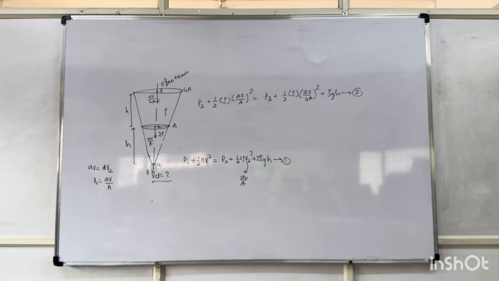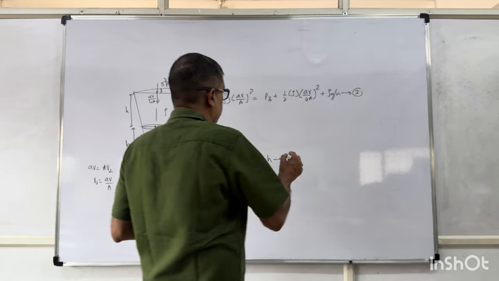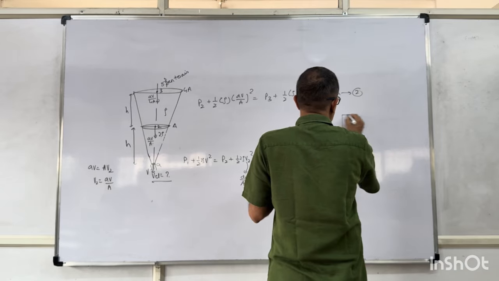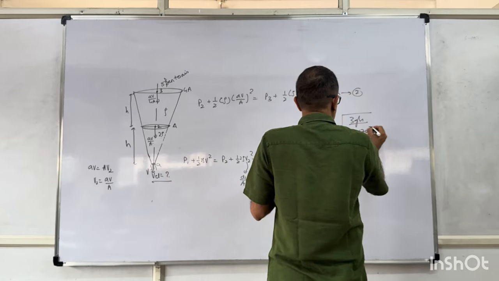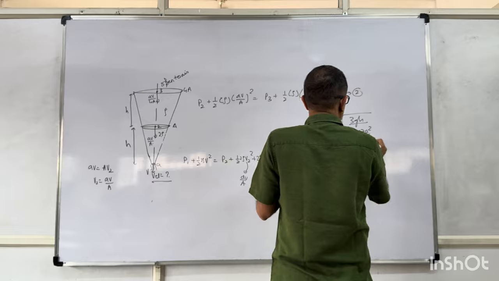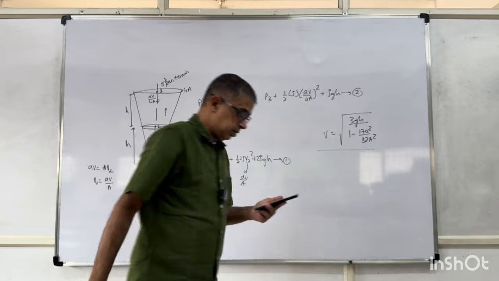Now simplify, make it very fast. This is the answer that you are supposed to get. V, if you simplify from these two, this will be 3GH upon 1 minus 17A square by 32A square.